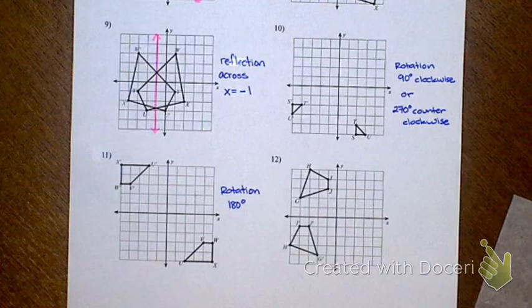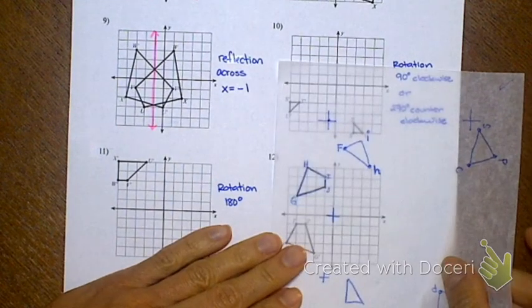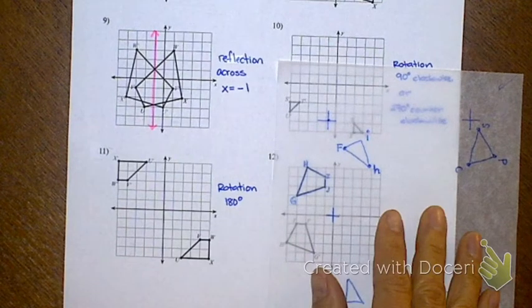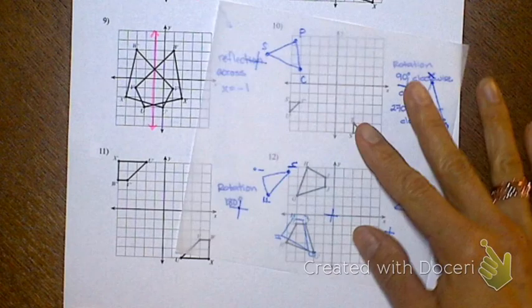Okay, let's take a look at the last one. On the last one, when you traced over the image, what was the quickest way to get to the answer? Yeah, this way, which is actually which way? Counterclockwise, right? And how many degrees counterclockwise? 90 degrees.